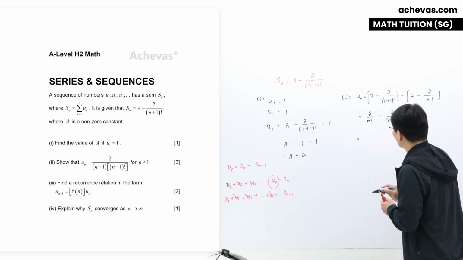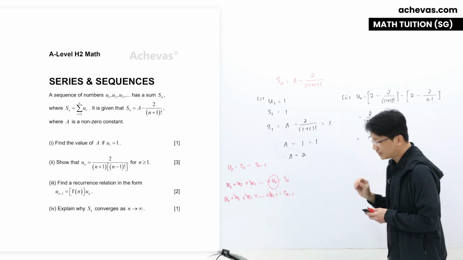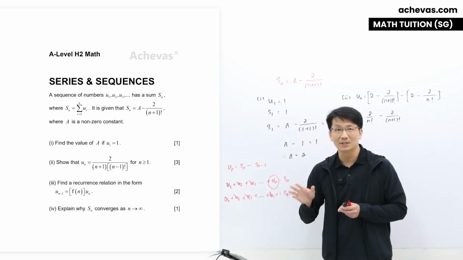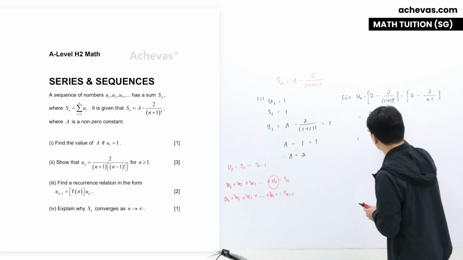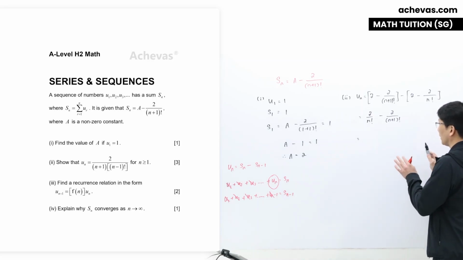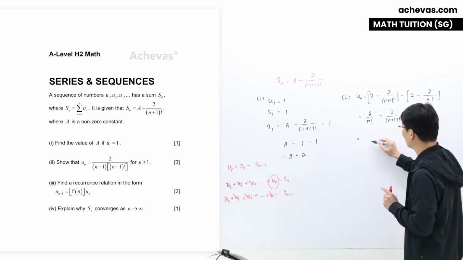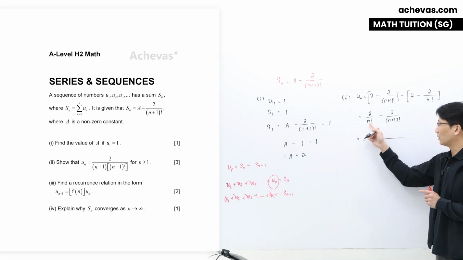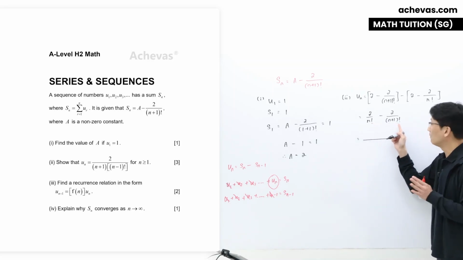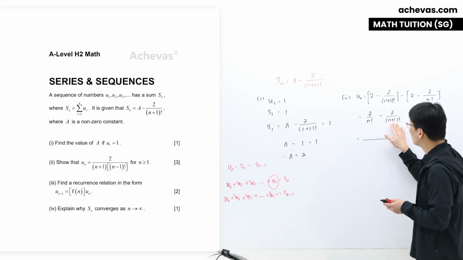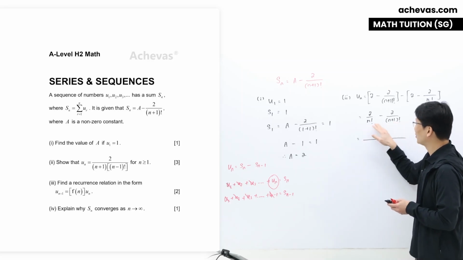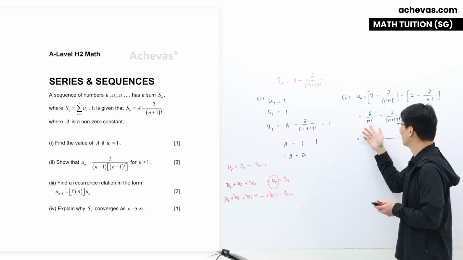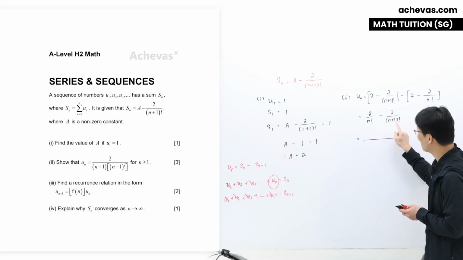So now we will try to simplify this, and since the final expression is just a single fraction, I'm going to merge these two separate fractions together as one big fraction. By looking at the denominator, this is n factorial, this is (n plus 1) factorial. In fact, this has one more term compared to this, and the additional term is n plus 1.